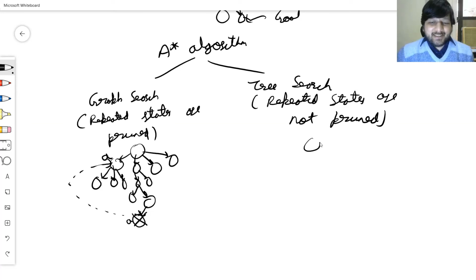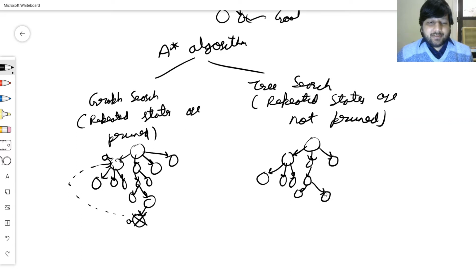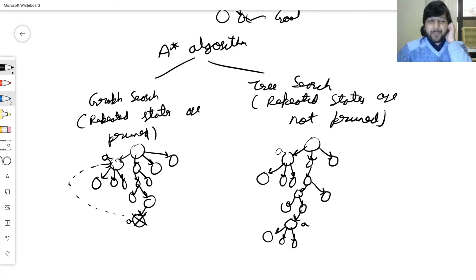Tree search, we show it by exactly the same cartoon. It's A, and I will still continue. It's not pruned. Now, the reason is because of the assumption.